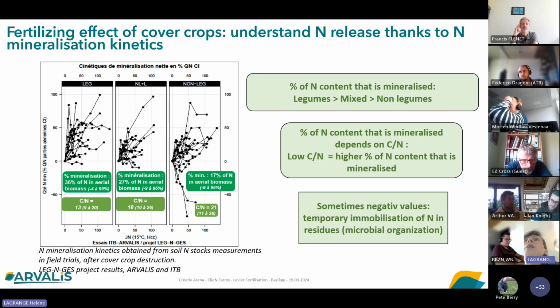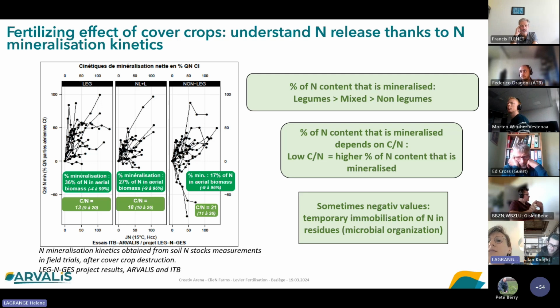And sometimes, as I said, you have negative values. So it means that we think that it's because you have a temporary immobilization of nitrogen in the residues of the cover crop. And this is because of microbial activity and microbial organization.